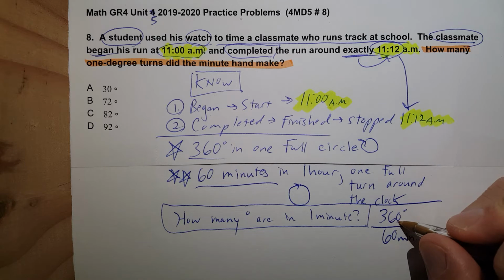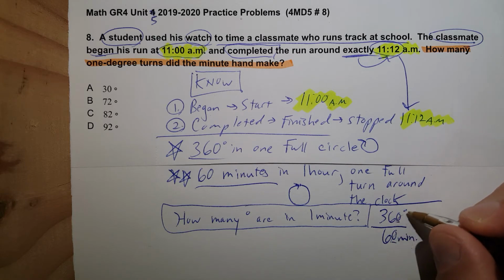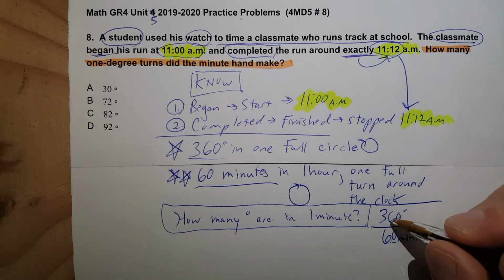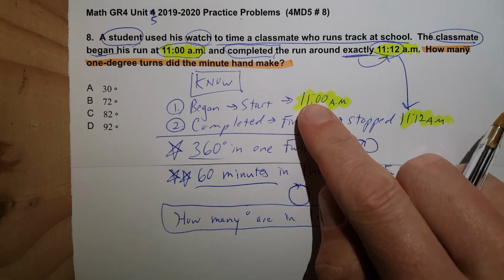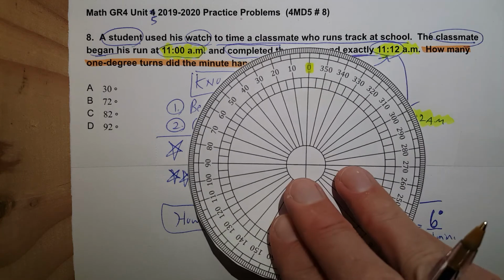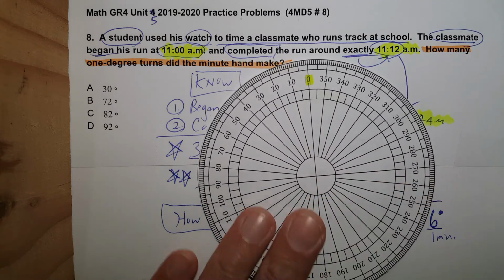Remember, zeros cancel when you are dividing. 36 divided by 6 is 6. There are 6 degrees per 1 minute. So every time you go a minute, you go 6 degrees.